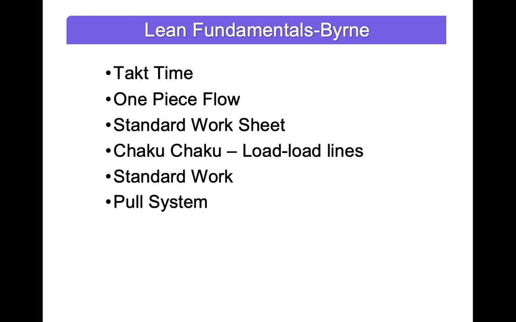And then the pull system. You want to make sure you understand what the pull system is. Pull is the opposite of the current traditional manufacturing system, which pushes batches of things forward.